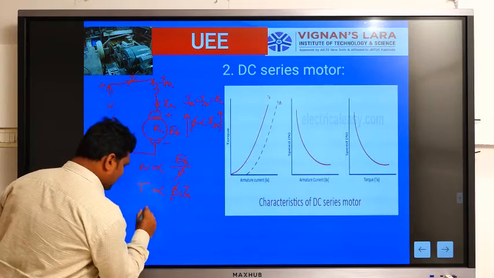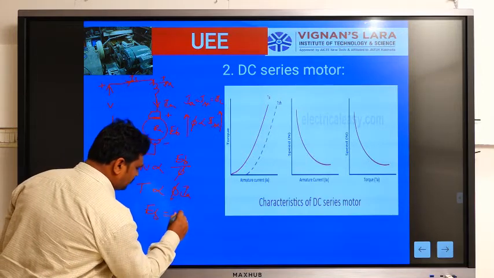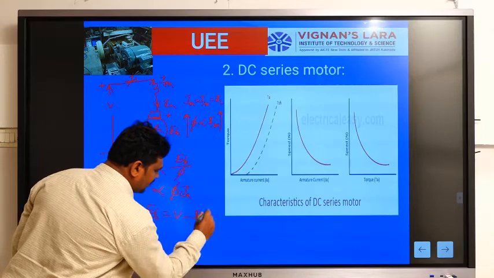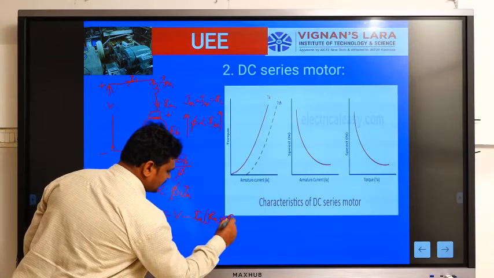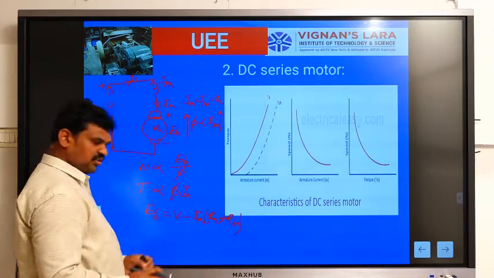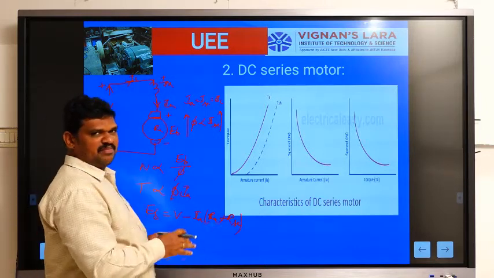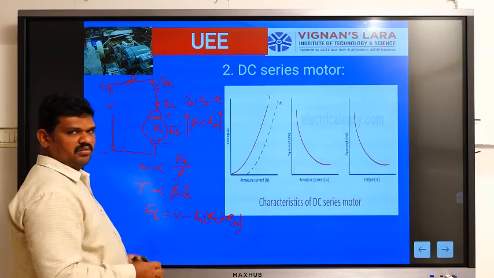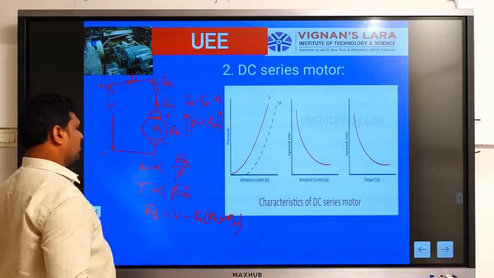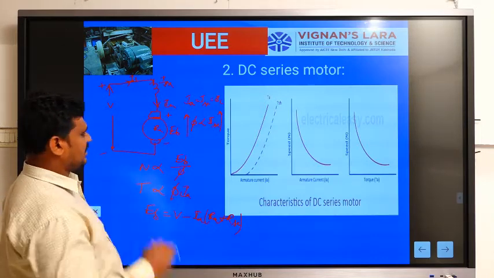Now what is EB? Here EB is equal to V minus IA into RA plus RSC. In shunt, it has only RA, but in the series machine, it has RA plus RSC.